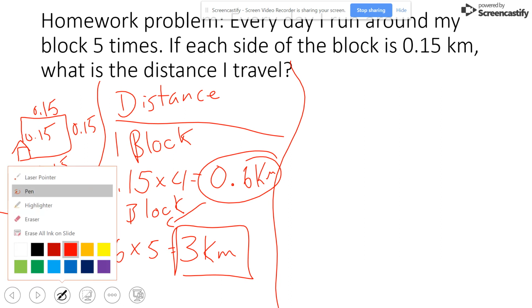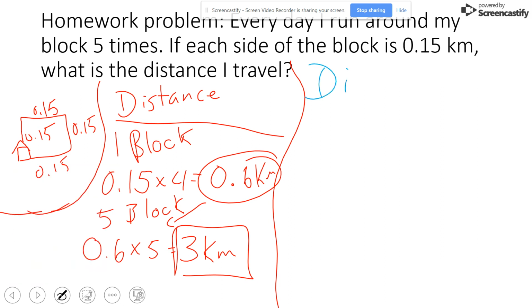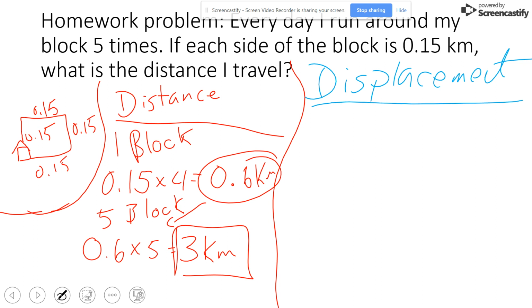Now what I want to know is what my displacement is. So I'm going to give you about a minute. You can pause the video and see if you come up with the displacement on your own. Okay, so to come up with your displacement, again, we're looking back at our image. So I'm just going to redraw this here.